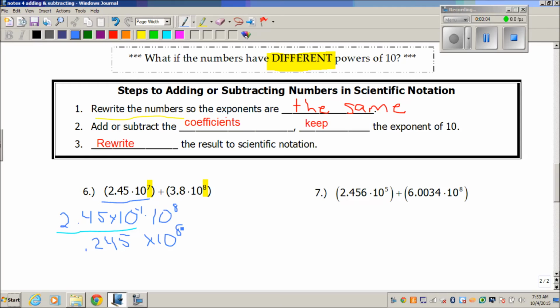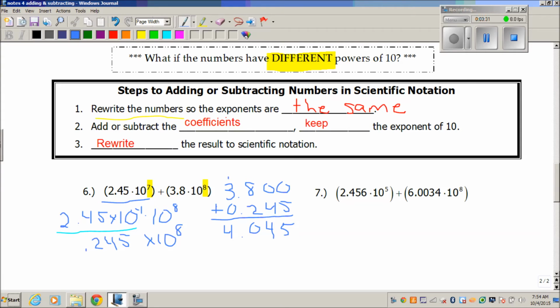So I have 3.8 plus, now I have to line up the decimal places, 0.245. I'm going to add the coefficients, because when we add numbers in scientific notation, we add the coefficients. I'm going to fill in the zeros so I can add these together. And I'm going to add the values, 10 carry a 1, 4, and the decimal place I just carry down.